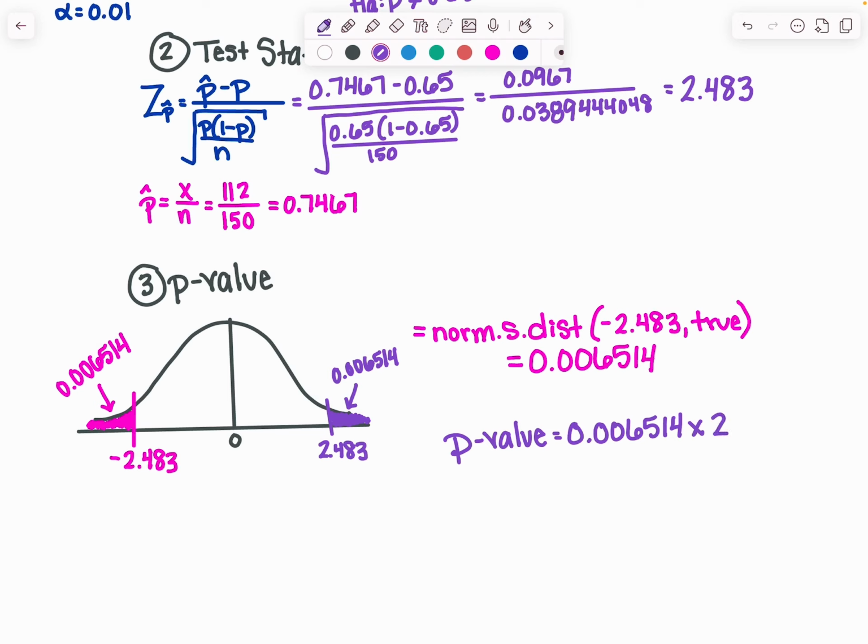I have to find both areas when I'm doing a two-tailed test. So I'm going to take the area I found and multiply it by 2. And I get 0.013028. That's my p-value.